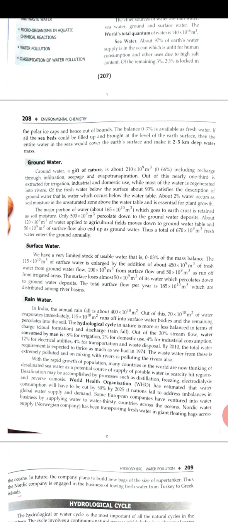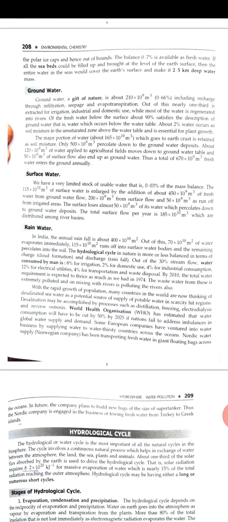The surface loses almost 50 × 10^9 m³ of its water, which percolates down to the groundwater deposits. The total surface flow per year is 185 × 10^10 m³, which is distributed among river basins.